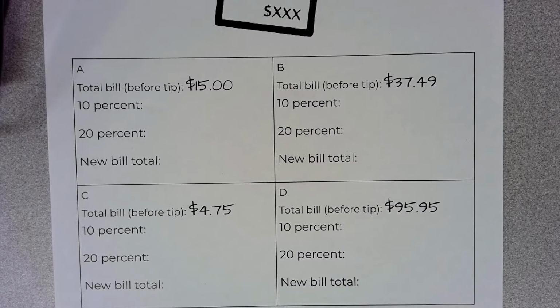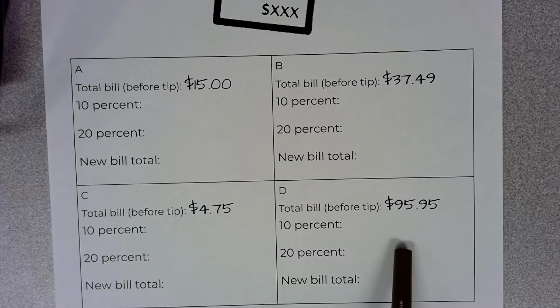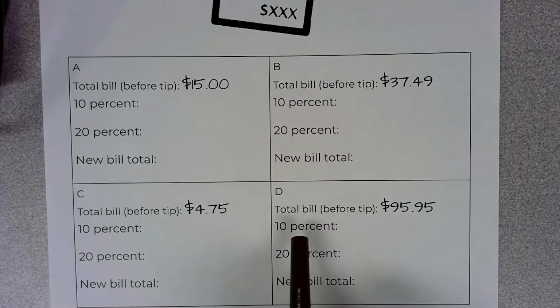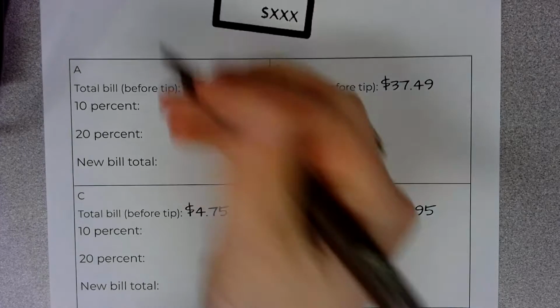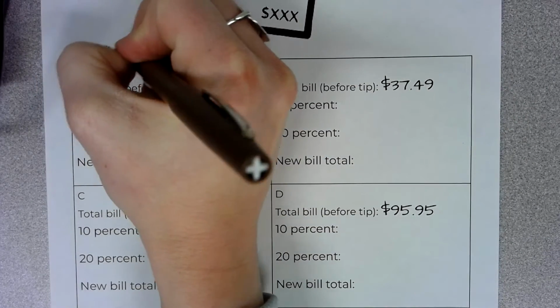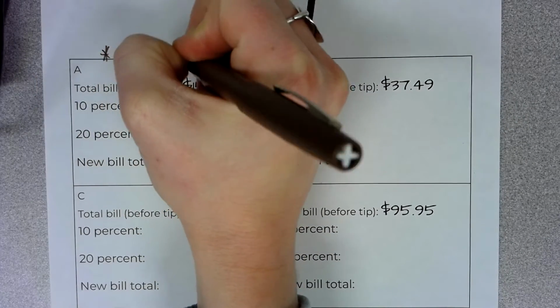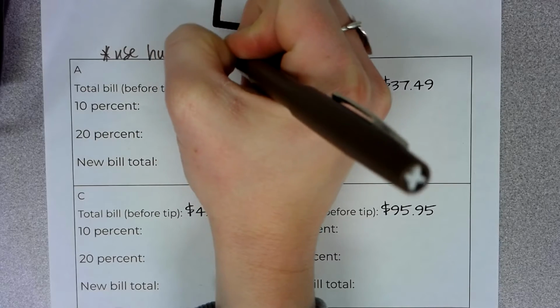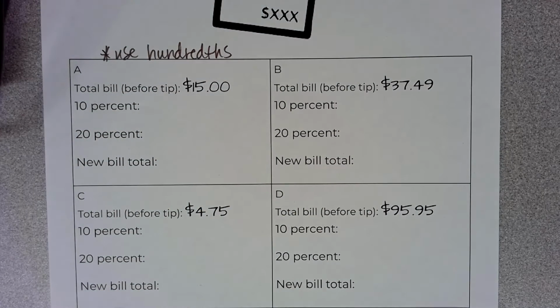So let's work with one of these here. Problems B, C, and D, you're going to have to do some rounding or just use your last two digits. So what I would do is just use the hundredths. And that little bit will make sense when we do a practice problem together.